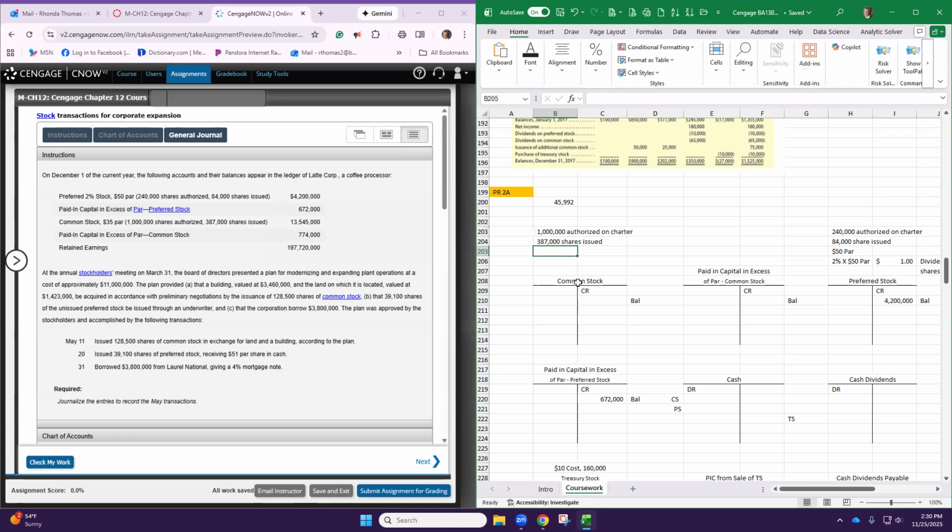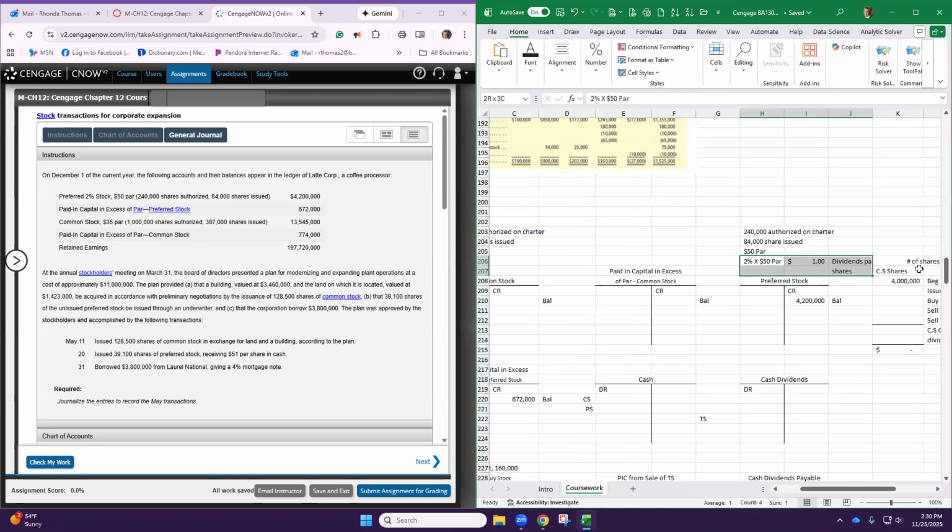Okay. And the par of the common is $35. Usually par for common is less than the par for the preferred because preferred is more sought after, because they have basically a guaranteed dividend.